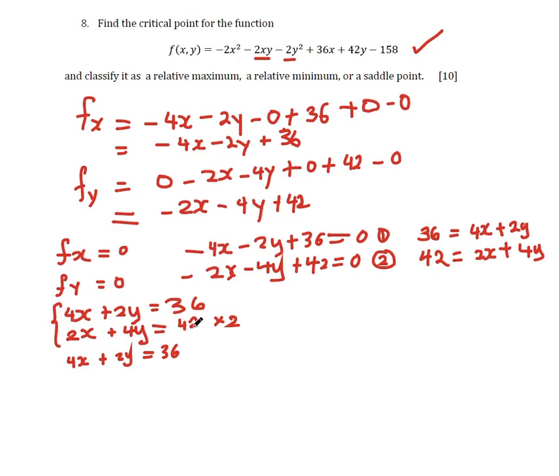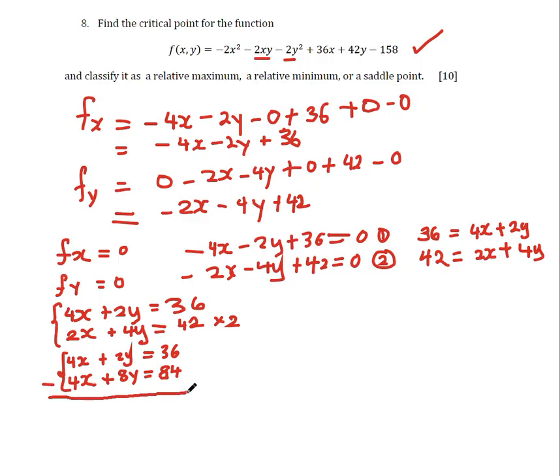Equation 2 would become 2 multiplied by 2x, which is 4x, plus 2 multiplied by 4y, which is 8y, equals 2 multiplied by 42, which is 84. The whole point of multiplying by 2 is to get the coefficients of x to be the same, in order to solve simultaneously by eliminating x.